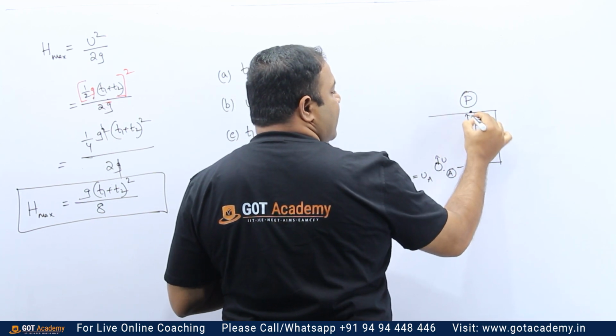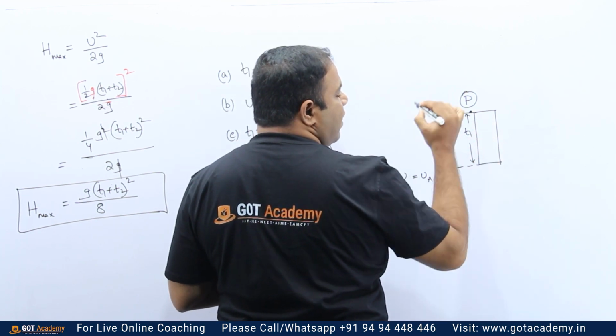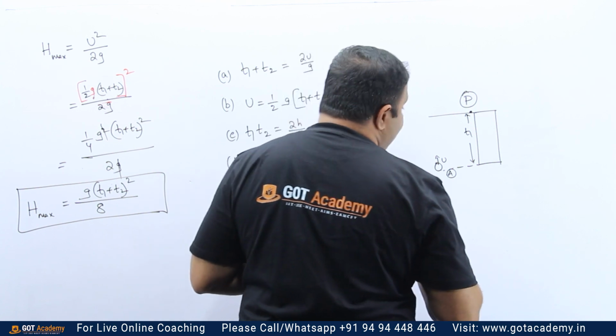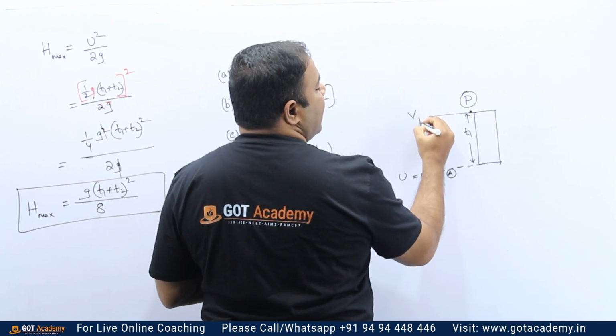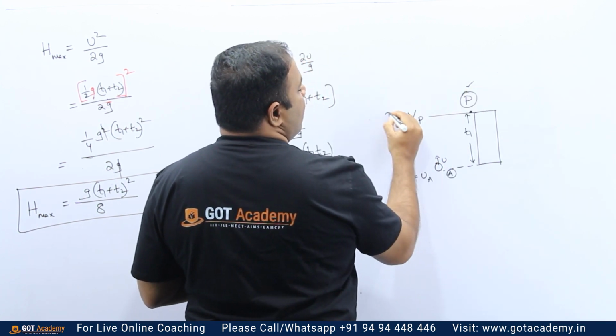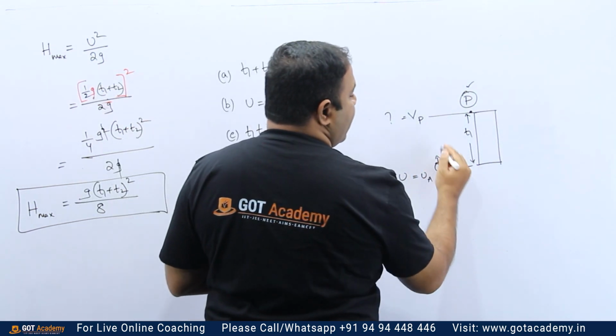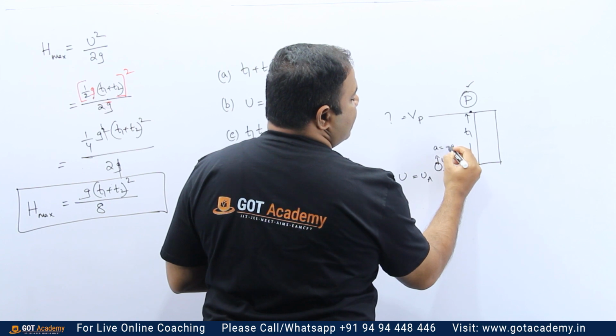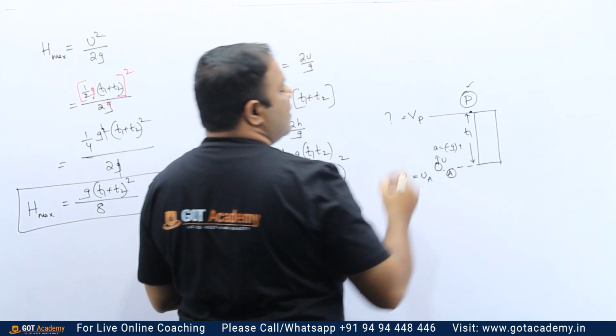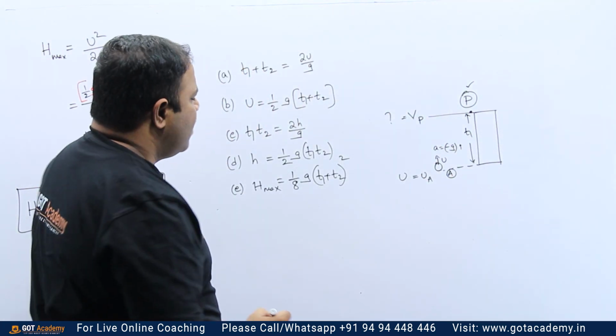Here we have defined that the time taken is T1. Now my interest is what is the velocity at this particular point P? How to find out this velocity? Since a body is thrown in upward direction, you have to take a as minus g. You should not forget this when it is thrown in upward direction.